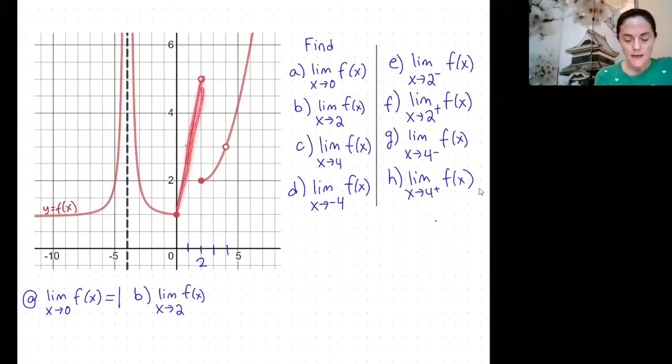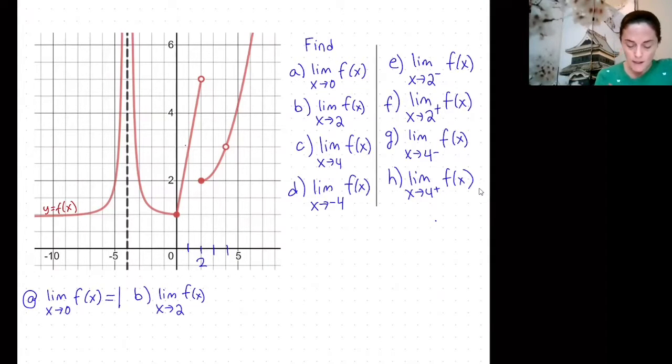Because one could say, well, we're approaching 5. One could say, well, we're approaching 2. But as you move closer and closer to x equals 2, the function value is not approaching only one value, right? That's what we need for the limit, that as we get closer and closer, f of x must get closer and closer to some number L. And we don't have one number that satisfies this.